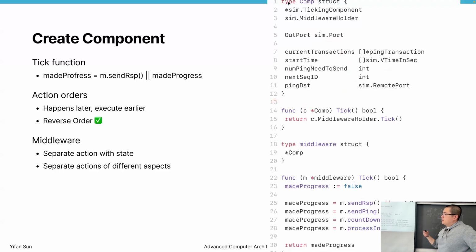So we're trying to separate state from actions, right? This is a super simple component, but there are some very complex components that we write in MGPUSim. For example, there's something called the command processor in a GPU. The command processor is the CPU within a GPU. It controls all the components.